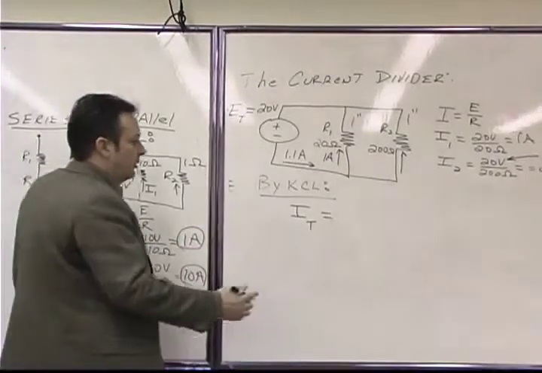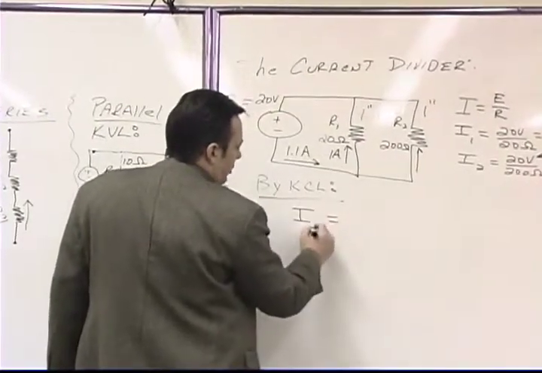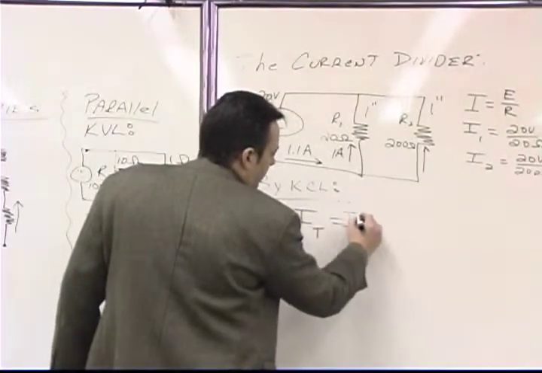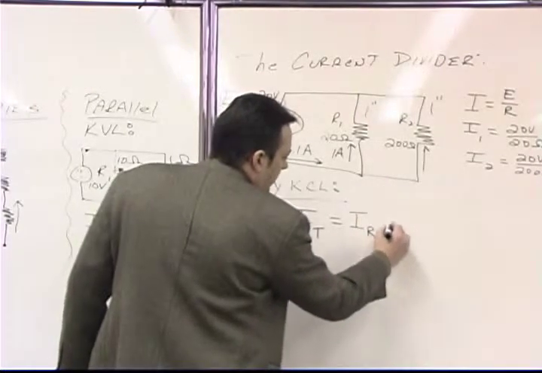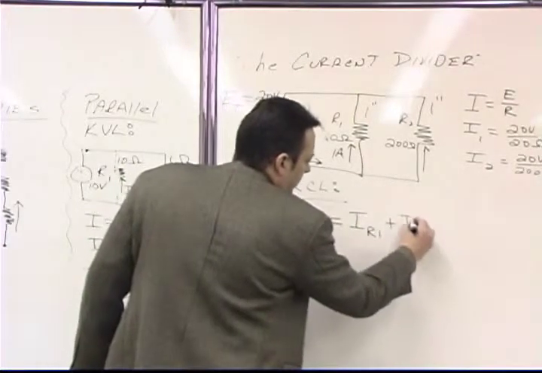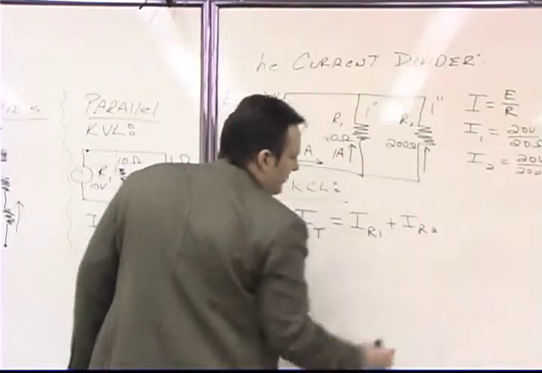So Kirchhoff's current law says that the total current is equal to the current flowing in resistor 1 plus the current flowing in resistor 2.